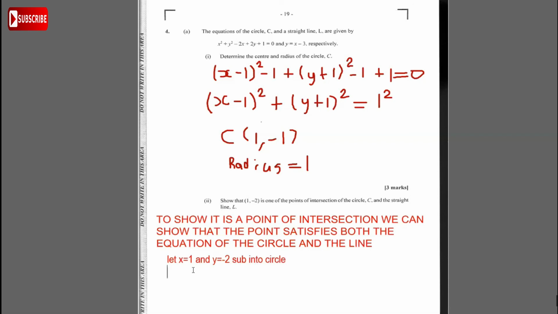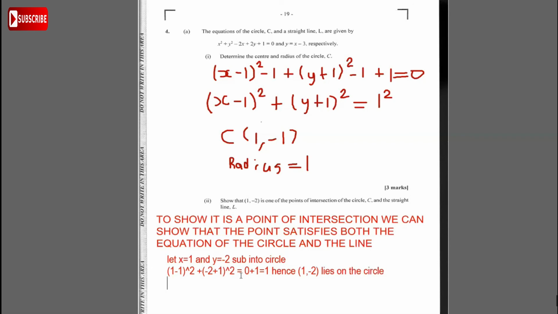Plugging it into the circle, we get (1 minus 1) squared plus, when y is minus 2, (minus 2 plus 1) squared. And when you check that, (1 minus 1) squared is 0, and (minus 2 plus 1) squared is plus 1. And 0 plus 1 equals 1. So hence, we can see that (1, -2) lies on the circle.